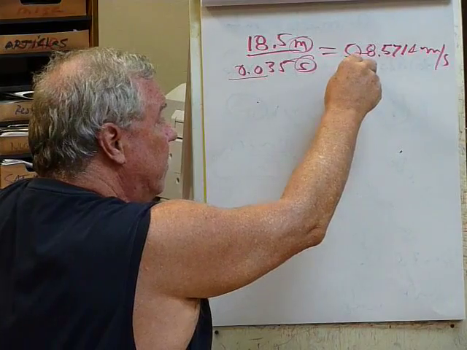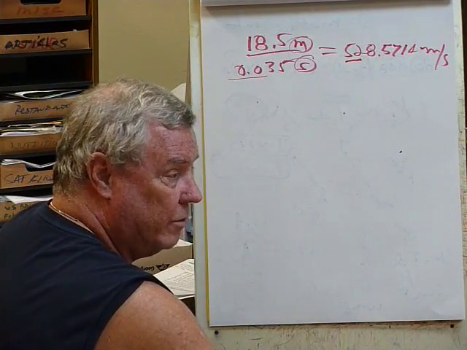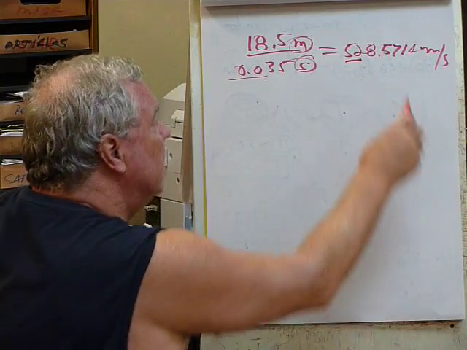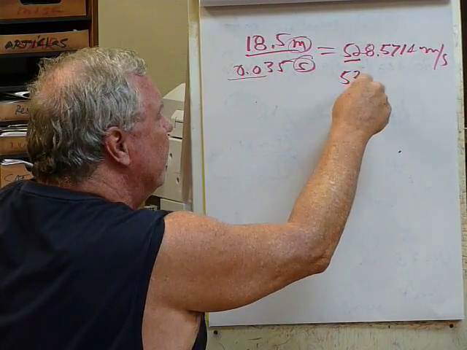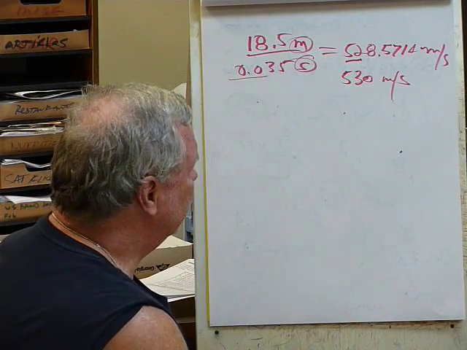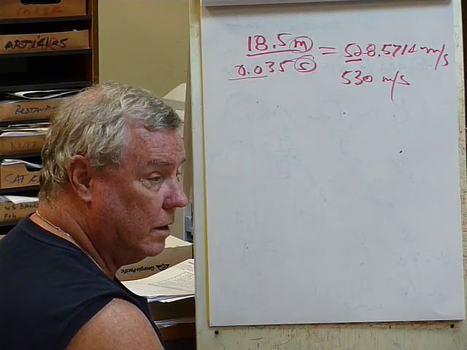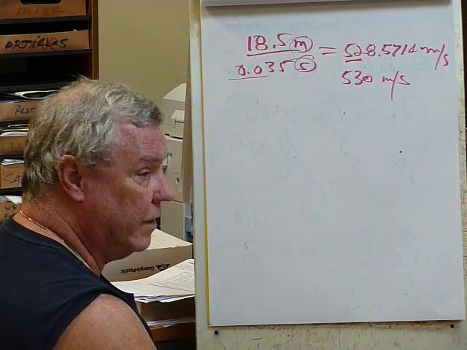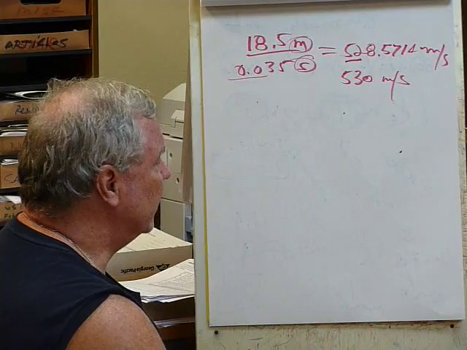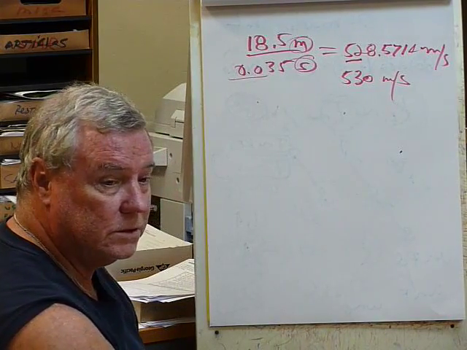So put a bar under the first 2, so that you know that's how many you want, and then round up to the bar. 530 meters per second. And if we did scientific notation, it'd be 5.3 times 10 to the 2 meters per second. Anybody have any questions?